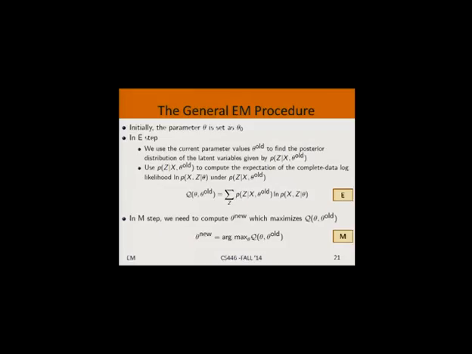So that's what we said so far. We start with initializing the parameters somehow. In the E step, we use the current set of parameters, the theta old, to find the posterior distribution of the latent variable, this P of Z given the data and the existing parameters. This is what we call the expectation, or sometimes the estimation step.